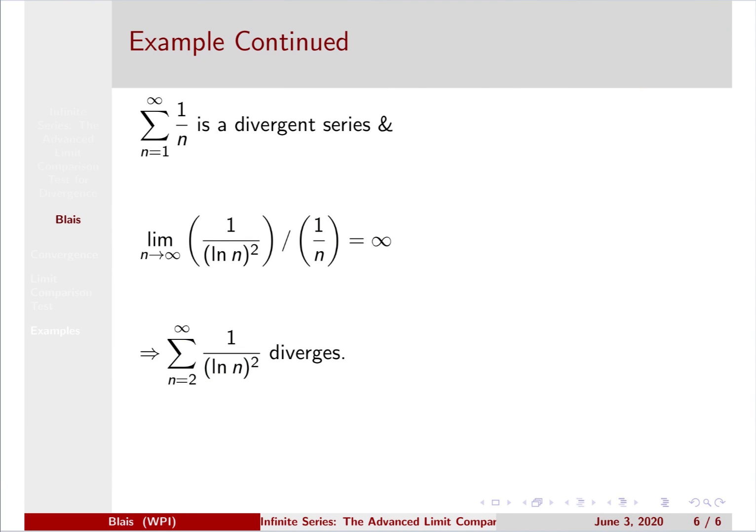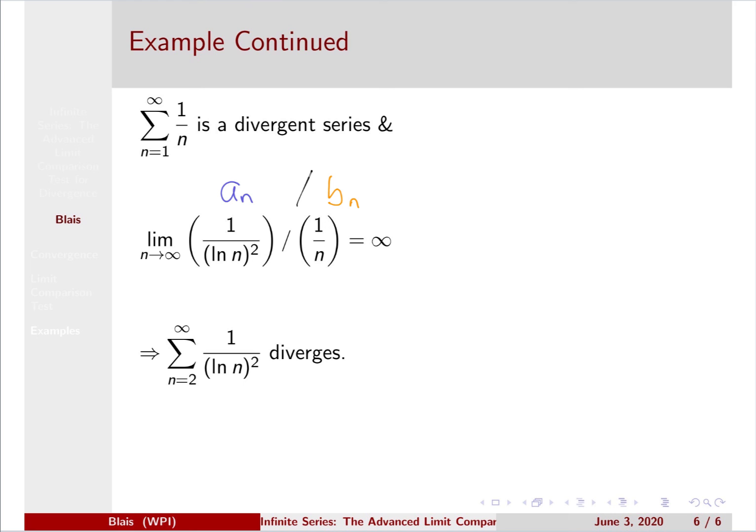So we have now established that we have the harmonic series, which diverges, and the limit as n goes to infinity of the ratio of the terms from our series to the terms from that harmonic series is infinite, and thus, per this version of the limit comparison test, our given series must diverge.